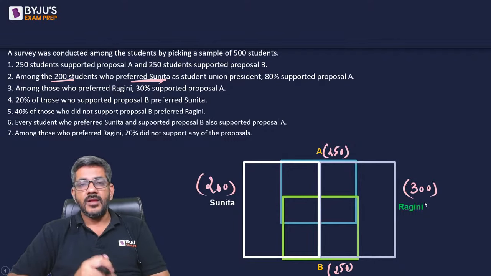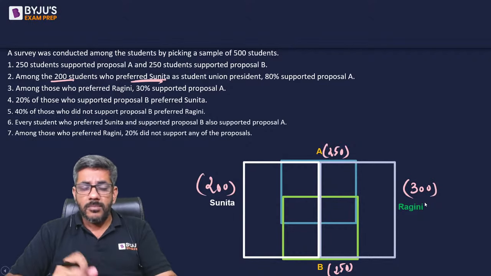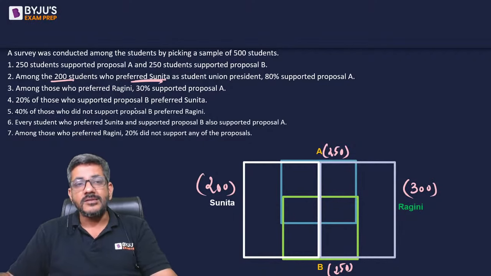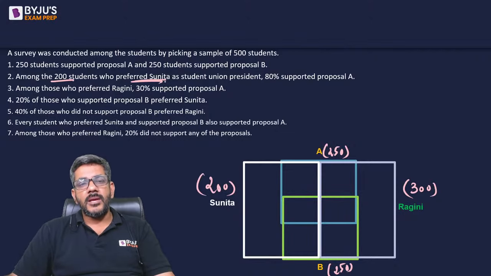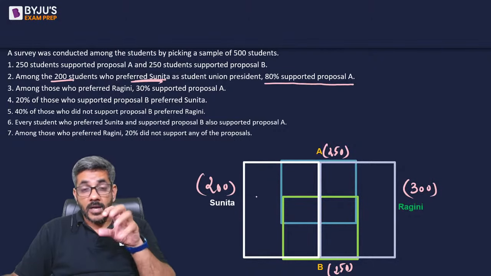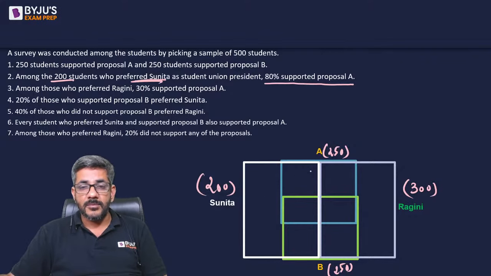At this stage, many people create, I would say, a problem for themselves. So just have a look at what problem we create for ourselves. Among the 200 people who prefer Sunita as union president, that means among these 200 people, 80% supported proposal A. Among all the people who like Sunita, how many of them supported proposal A?